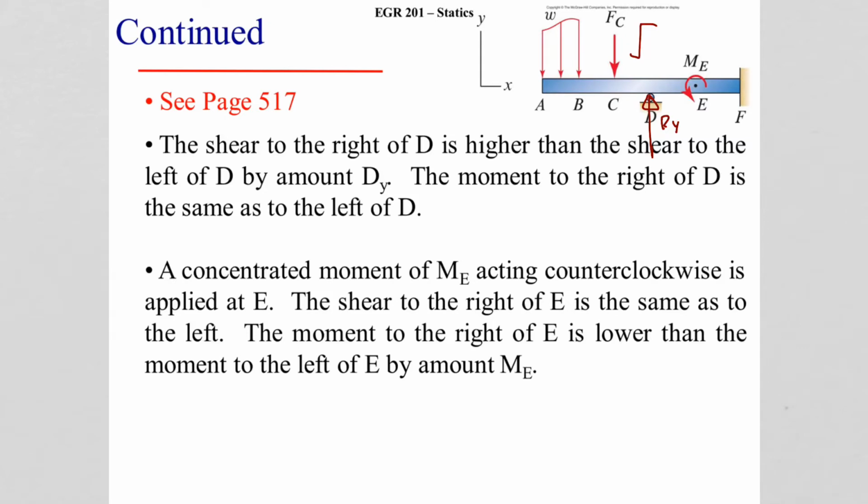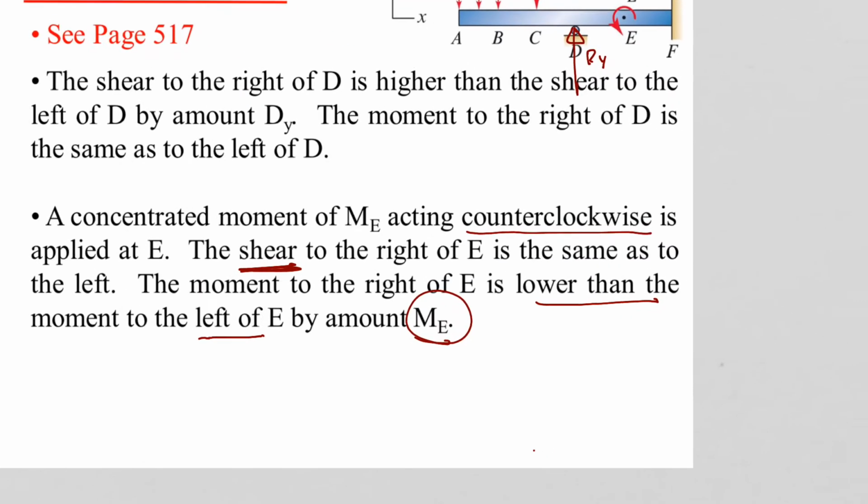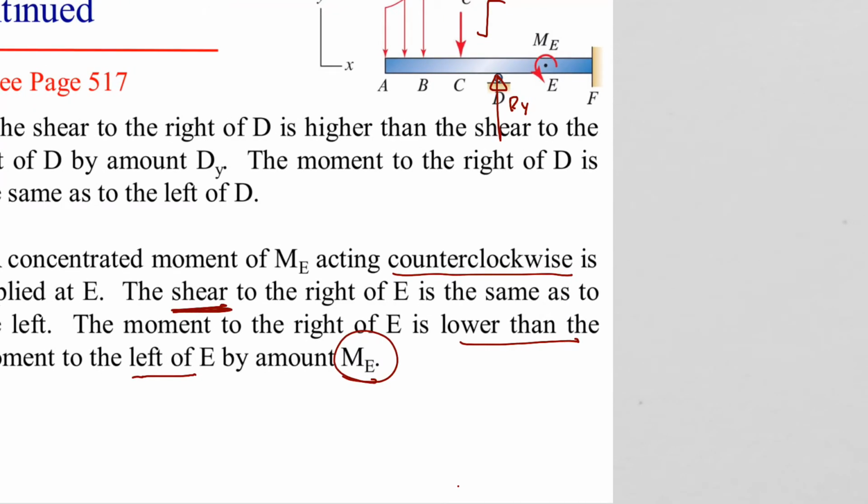Last, a concentrated moment of M sub E acting counterclockwise is applied at E. And the shear at the right of E is the same. So the shear itself does not change, but the moment will. The moment at the right of E will be lower than the moment to the left by the amount of M sub E.